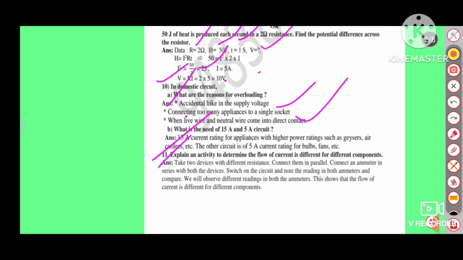Switch on the circuit and note the reading in both ammeters and compare. We will observe different readings in both the ammeters. This shows that the flow of current is different for different components.